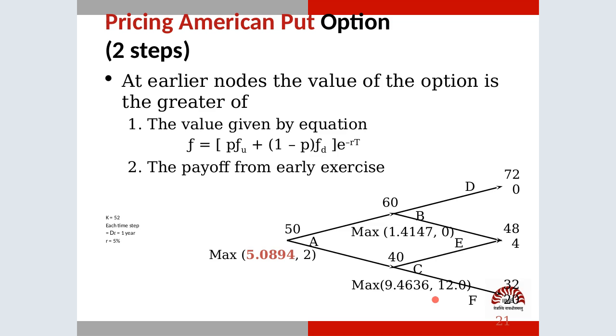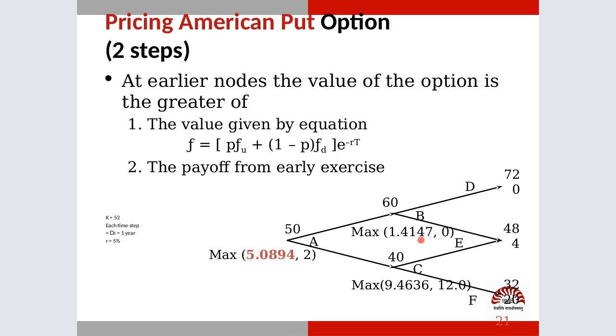So I'm going to take the maximum of these two at that node, and therefore I have 12 out there. And when I calculate the value for A, that value then becomes 5.0894. So if you look at it, the process is the same. How do I get this 5.0894?